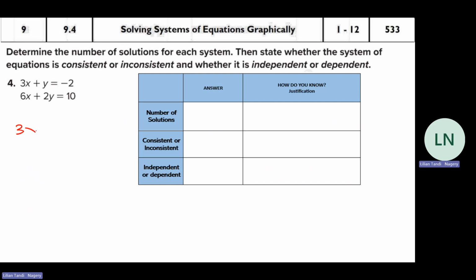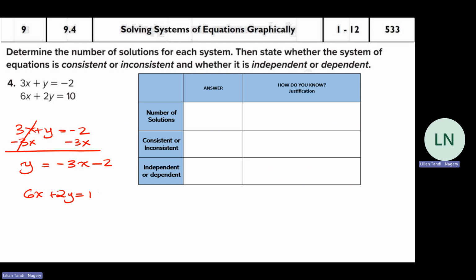So you have 3x plus y equals negative 2. Subtract 3x on both sides because you want to write in slope-intercept form. So you get y equals negative 3x minus 2. Then you do the other one, 6x plus 2y equals 10, minus 6x on both sides. You have 2y equals negative 6x plus 10.